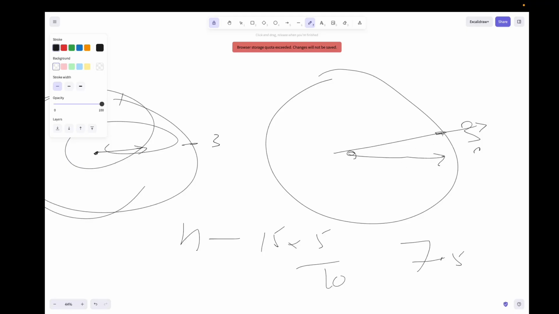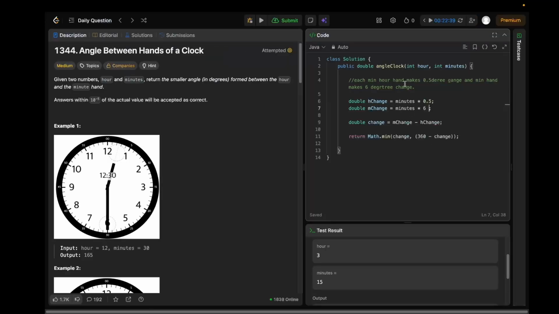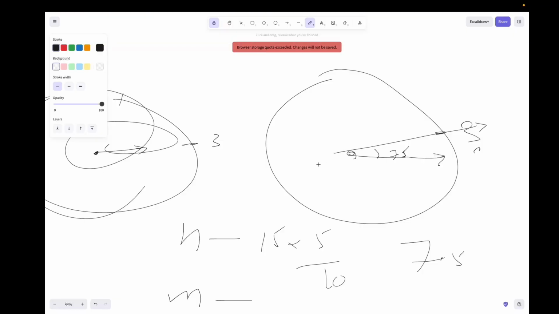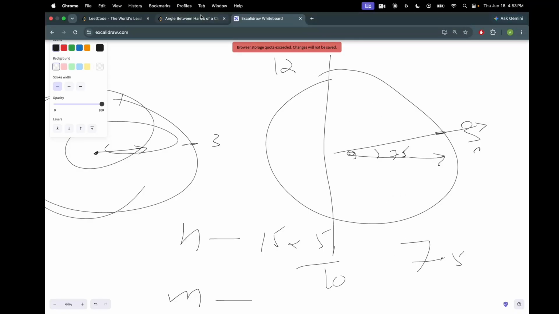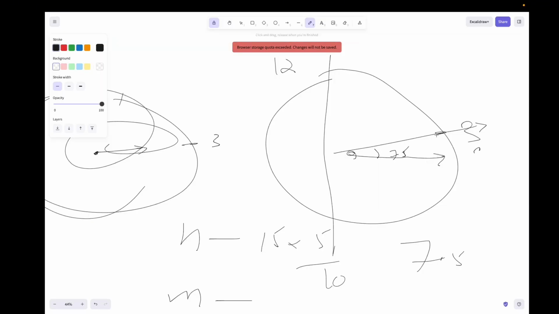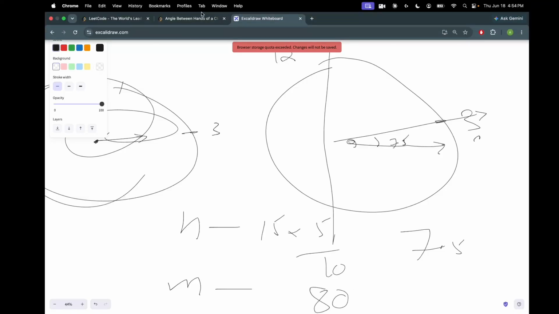So our hand comes from this position, a 7.5 degree change, and the minute hand is minutes times 6, so that's 15 times 6, 90, but I'm considering it from 12. Right.